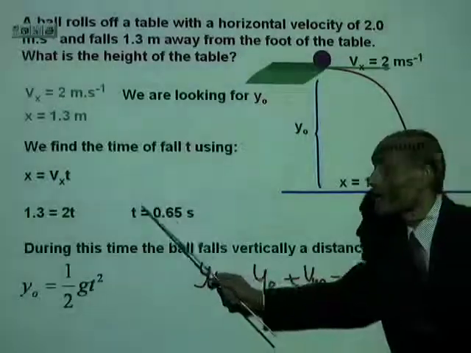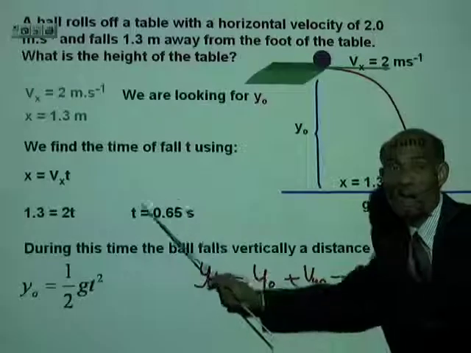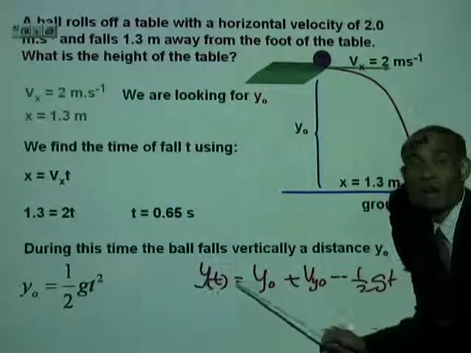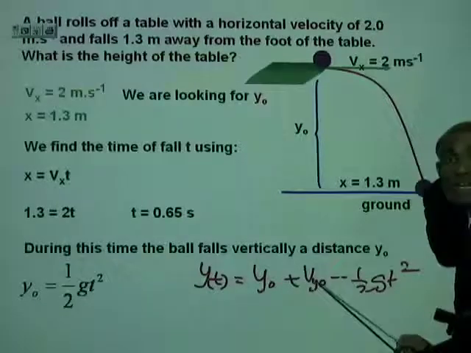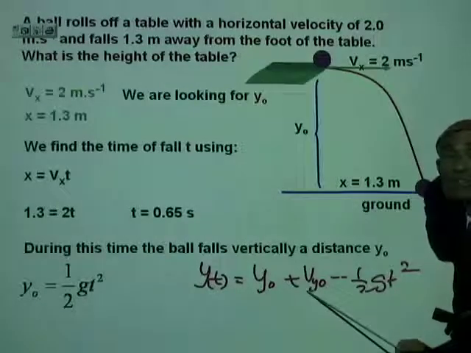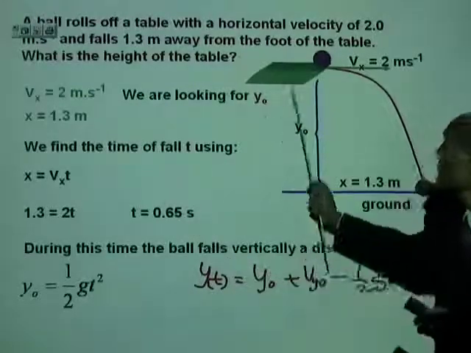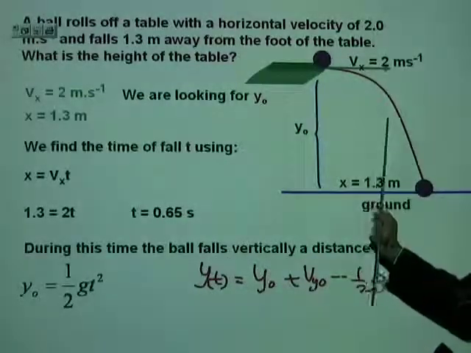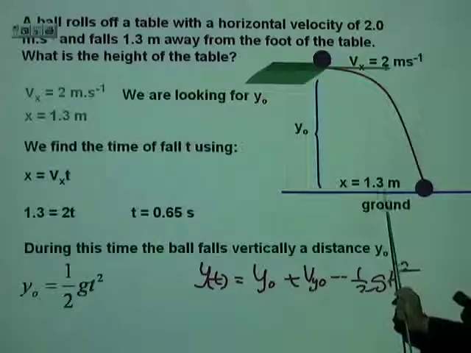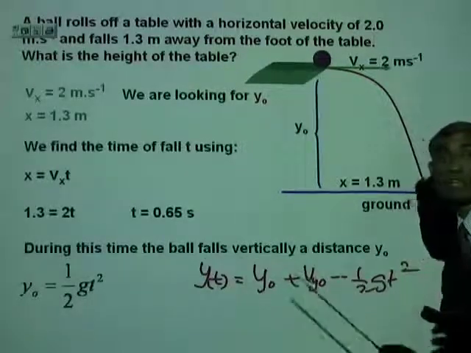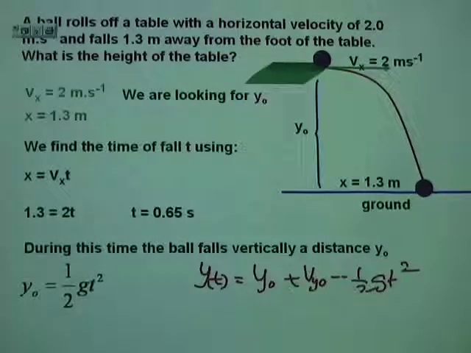And we now know that during this time, this y will become 0, and vy0 is 0. You understand that? During this time, 0.65 seconds, the ball falls to the ground, then y will be 0. And of course the initial y velocity is 0.